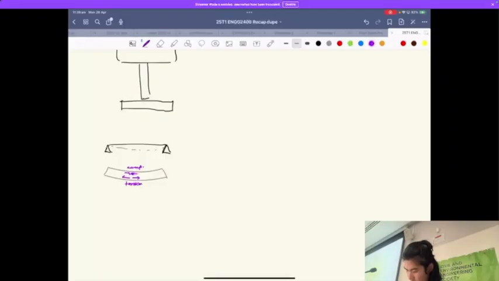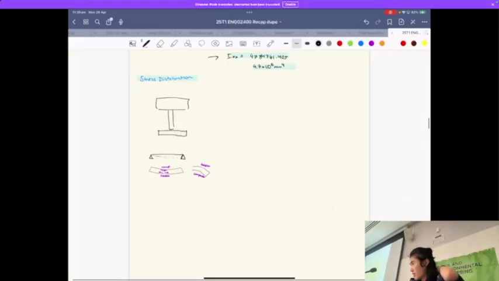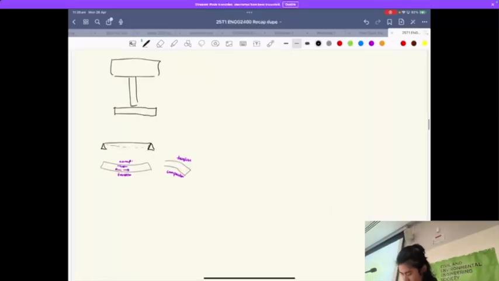But for a cantilever, where it bends like this, you can expect it to be the opposite way. So now you generally know that you can expect the stresses at the top to be positive, and the stresses at the bottom to be negative. That's just a sanity check for the end.